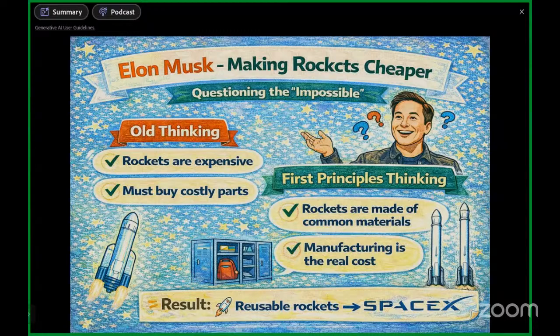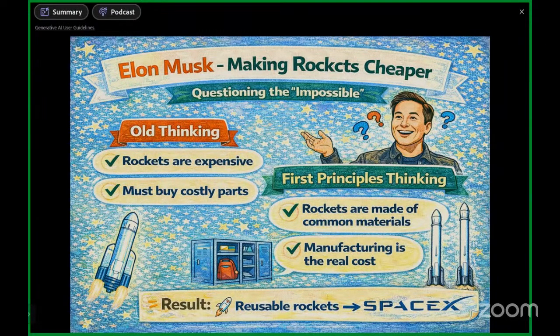If he thought, okay, rockets are expensive, rockets go into space and then they blast off, it is done, then you wouldn't have gotten SpaceX. You wouldn't have gotten this innovative idea of reusable rockets. He got this idea because he broke down how space works, how rockets work.